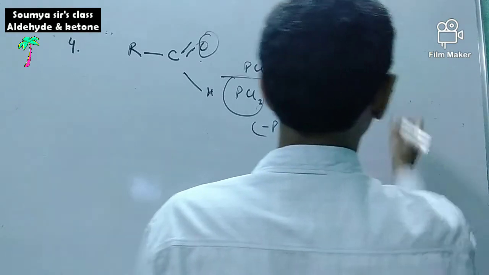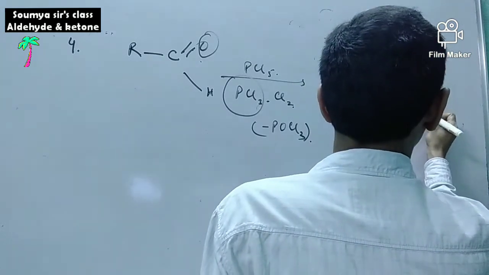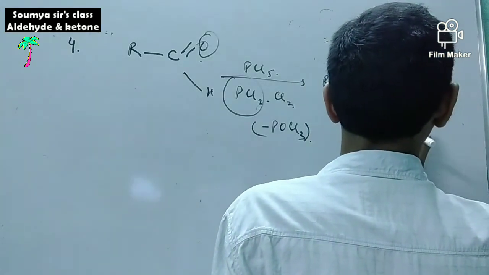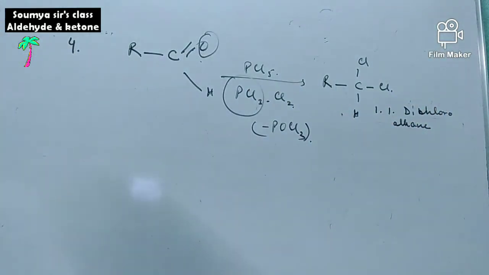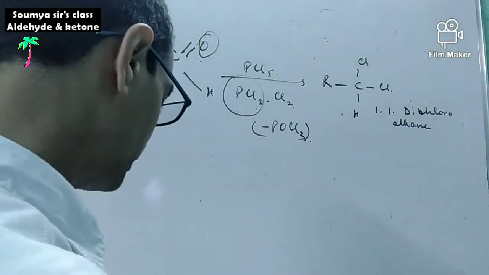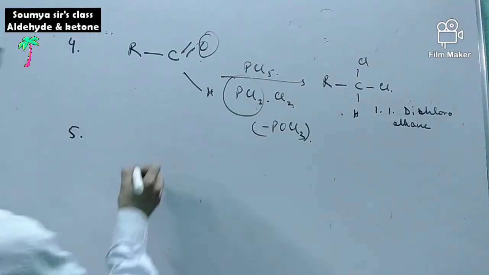So this is the dihaloalkane, this is 1,1-dichloroalkane.